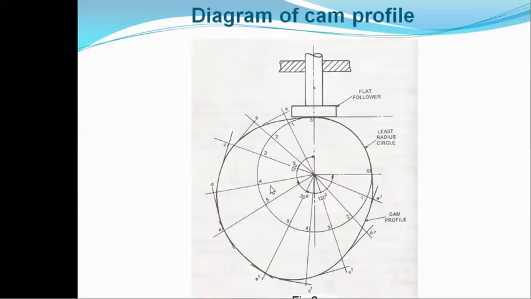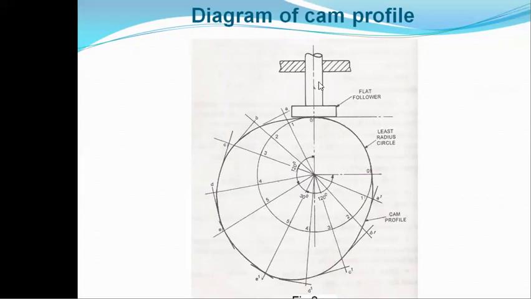So here in this case, in order to draw this cam profile, first of all, take center O and with the radius given, the minimum radius given for us, draw a circle which represents the base circle, and mark the follower on the circumference.